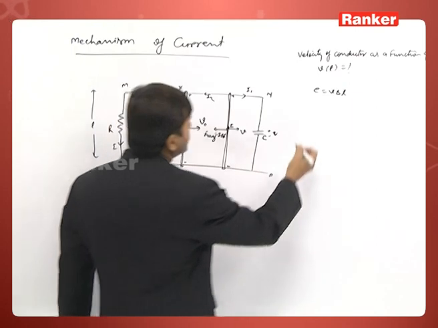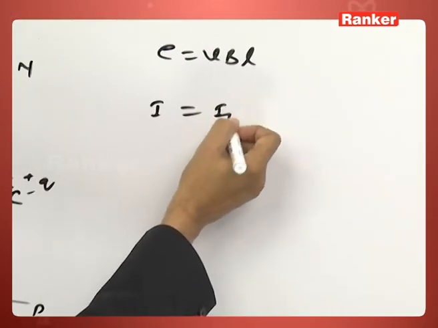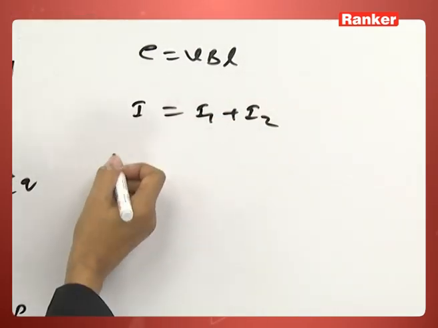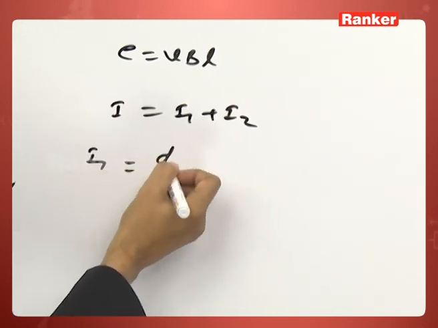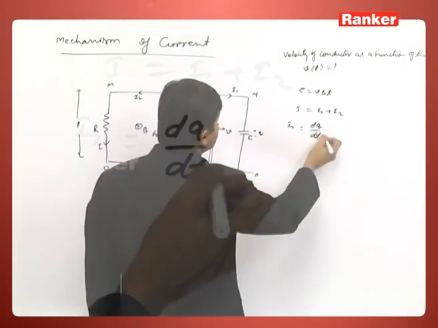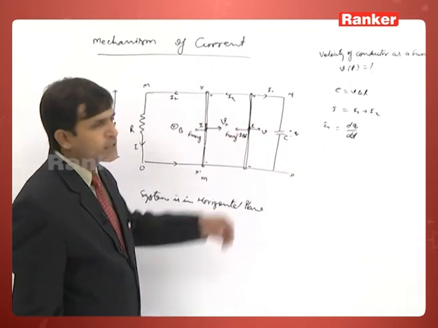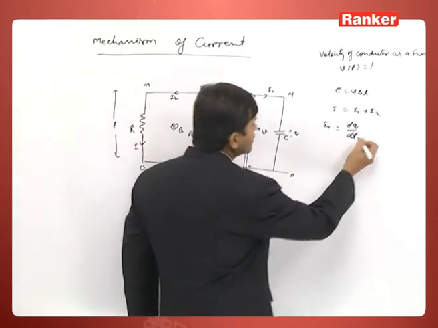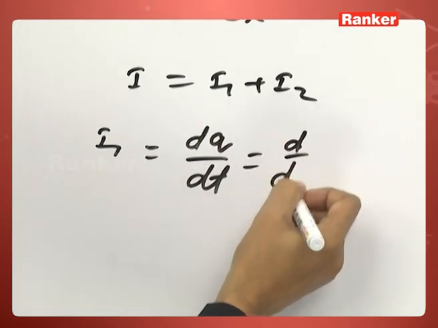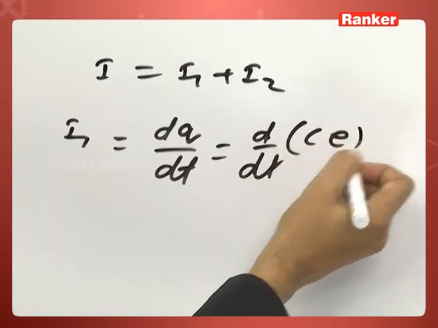So one equation we can have is I equal to I1 plus I2, where I1 is dq by dt, the rate of variation of charge, and q is C into EMF.